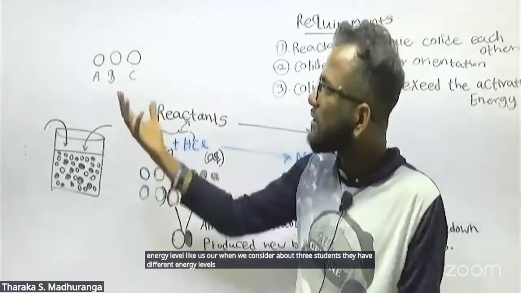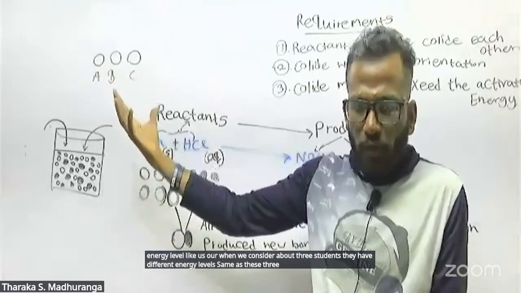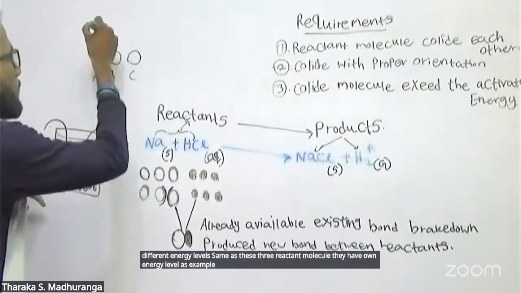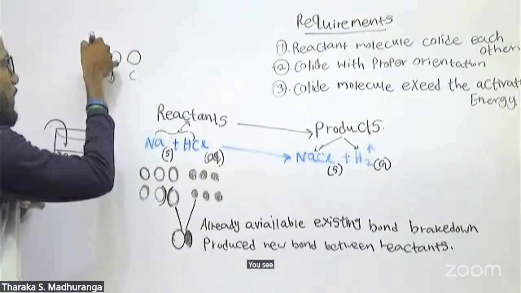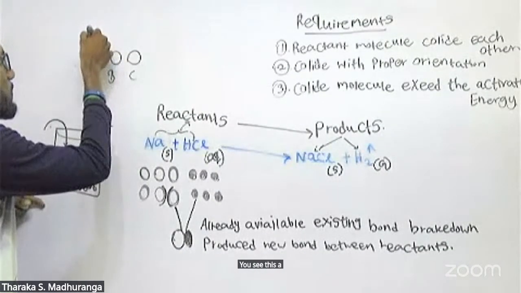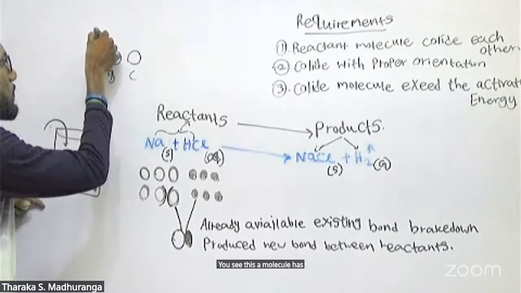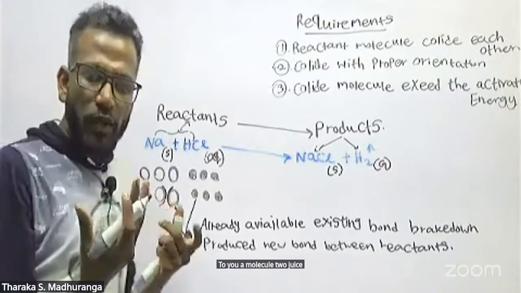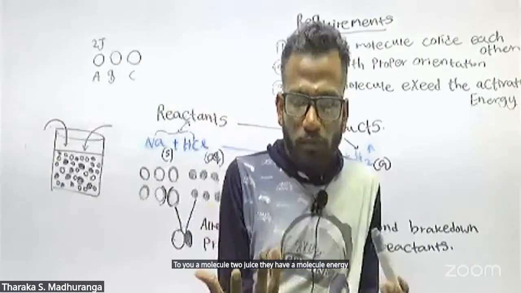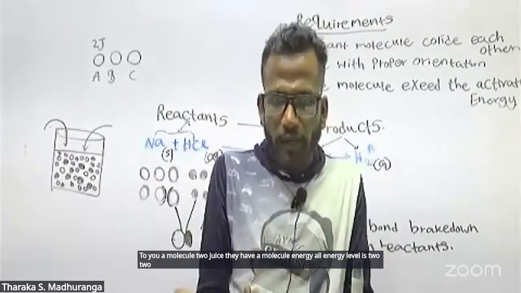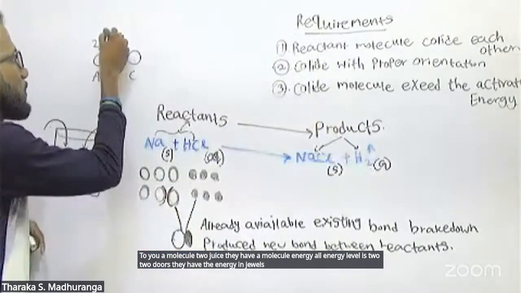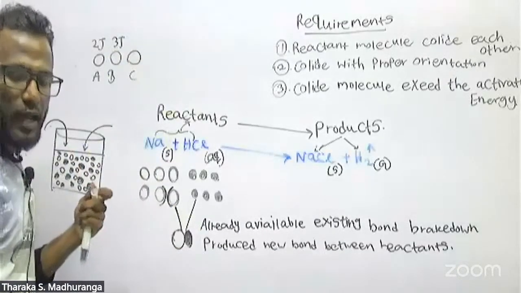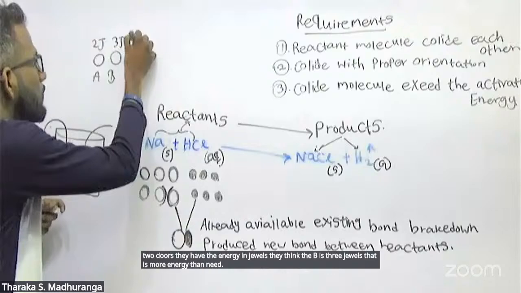Same as these three reactant molecules, they have their own energy levels. As an example, molecule A has 2 joules. Its own energy level is 2 joules. Energy is measured in joules. Then think B is 3 joules, which is more energy than A. C is 4 joules.